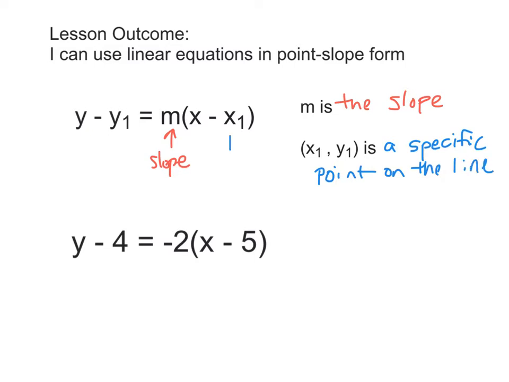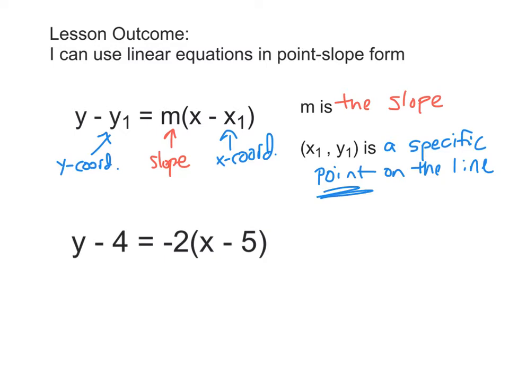So this right here is the x coordinate of the point, and this y1 right here is the y coordinate of that point that is on the line.